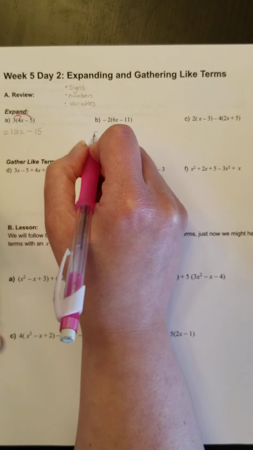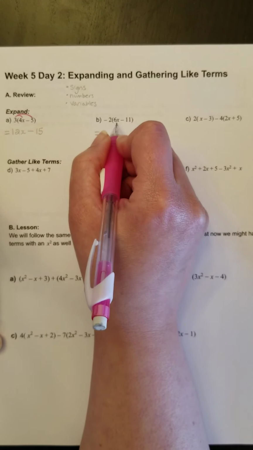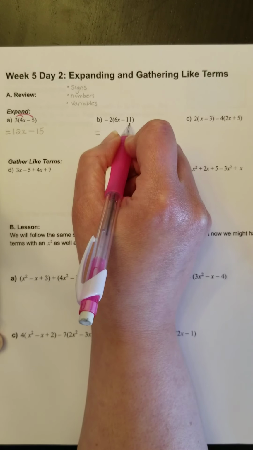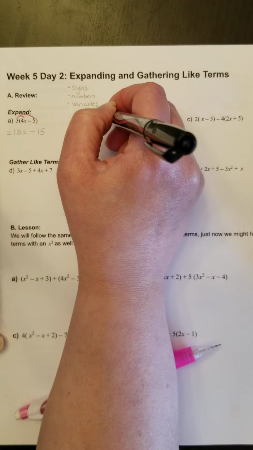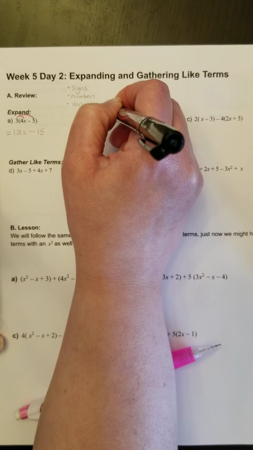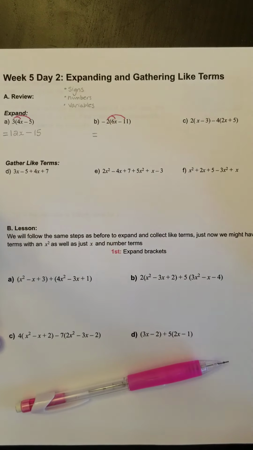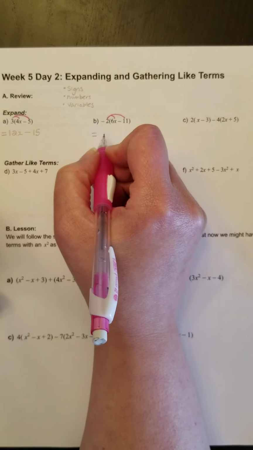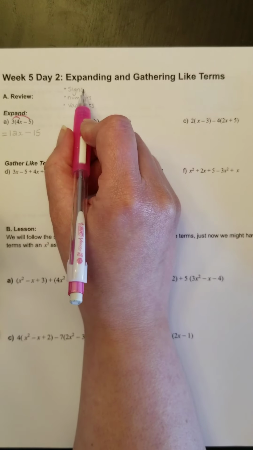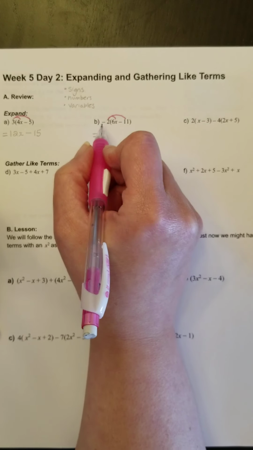For B, I have negative 2 times 6x minus 11. So again, I'm going to draw that rainbow showing that I'm multiplying the negative 2 by each piece inside the bracket. Then I'm going to look at this and go through each step. Signs first.